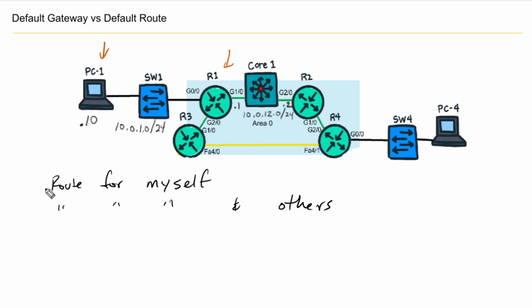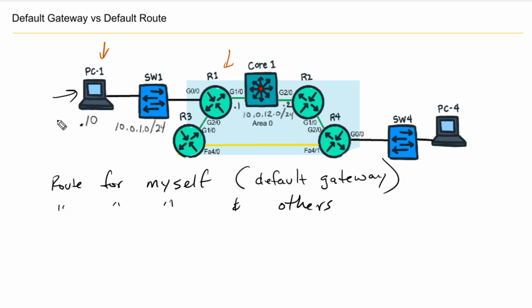And if you have a device that's routing just for itself, it's going to be using what I call the Obi-Wan Kenobi route, its default gateway.